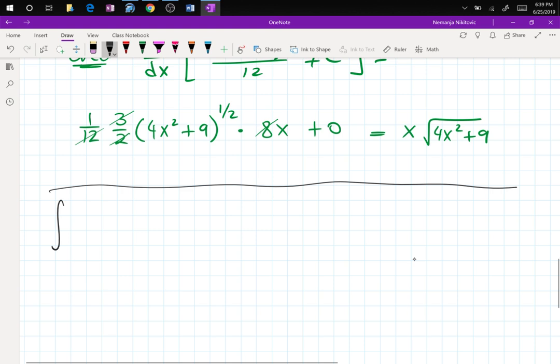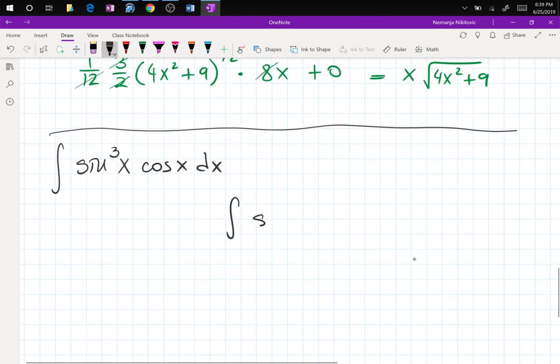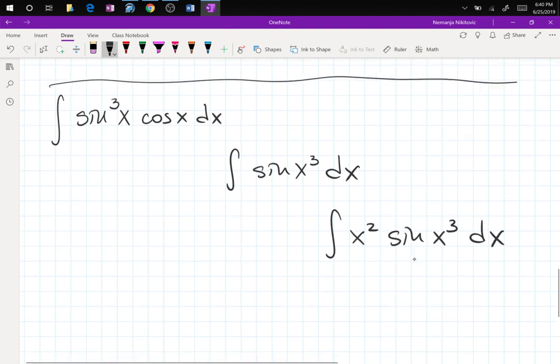So the first problem is integral of sine cubed x cosine x dx. Problem number 2, integral of sine x cubed dx. And finally, integral of x squared sine x cubed dx.